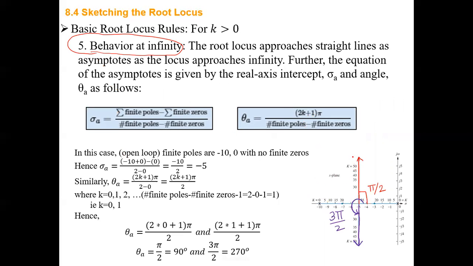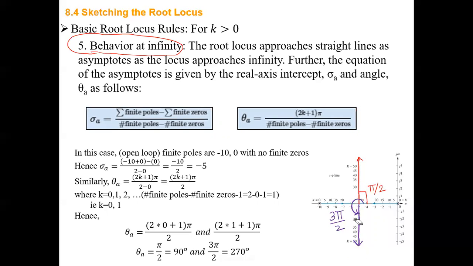You understand? So then how does it go to infinity? This guy is going straight, 90 degrees. Why is this guy going 90 degrees as shown? Why is this guy going negative 90 as shown?